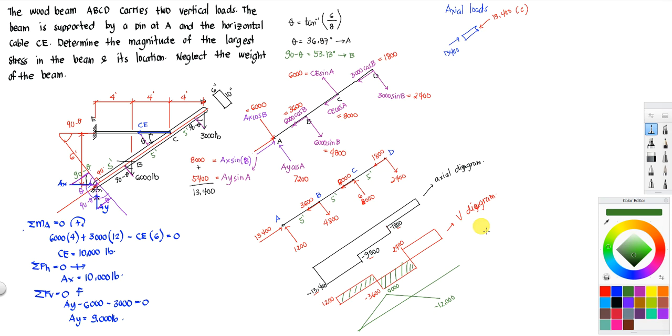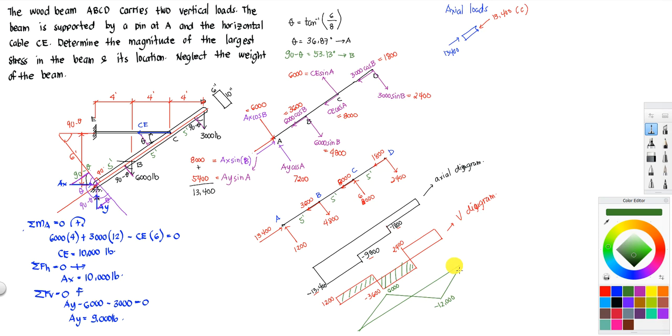So, that is equal to 0. Negative 12,000 minus 2,400 times 5. Okay. Sorry. Negative 12,000. Sorry, I should have it plus 0. Okay? So, nag-0 siya.